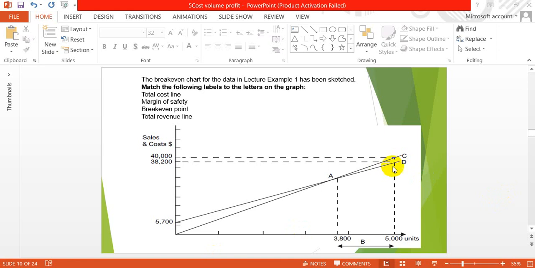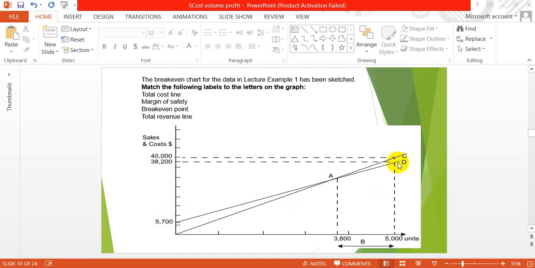And D is our total costs. So we have our fixed costs. Remember, fixed costs will always be there, even with zero production, even with zero sales. So the line which starts from the 5,700 will be your total cost line.